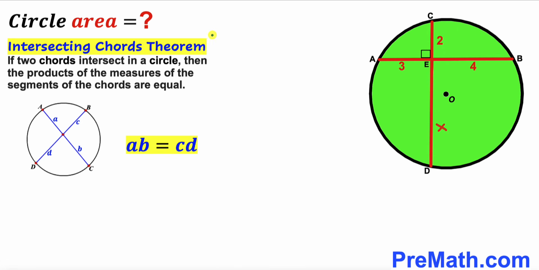Now our task is to find the value of x, and let's recall the intersecting chords theorem. According to this theorem, if two chords intersect in a circle, then the products of the measures of the segments of the chords are equal.